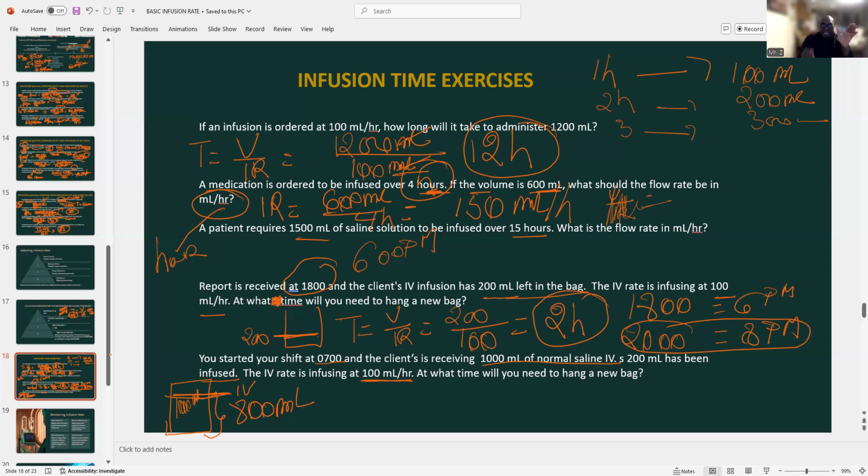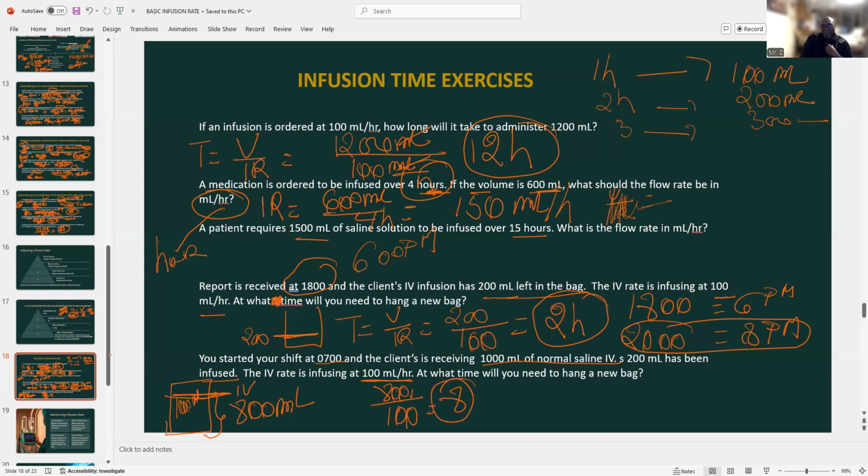It means at the moment I'm receiving that patient, there were 800 left. So I need to know when I'm going to hang the new bag. Same concept. I'm going to get my volume, which is 800, and divide that by the infusion rate, which is 100. So I have 8 hours.